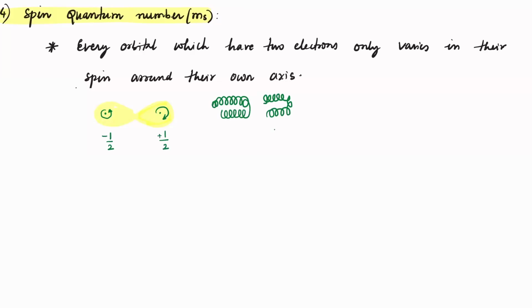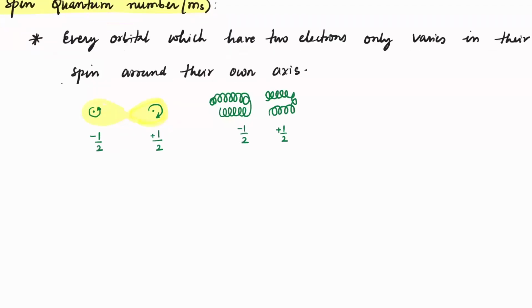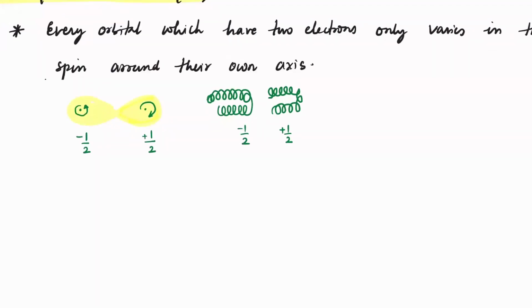Clockwise is designated as plus half and anti-clockwise or counterclockwise is designated as minus half. This is the quantum number designated for that particular electron.